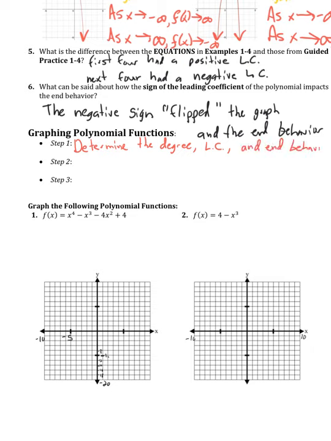Step 1 for graphing a polynomial function, we want to do that. Step 2, we're going to plot points to determine the general shape of the middle of the function.